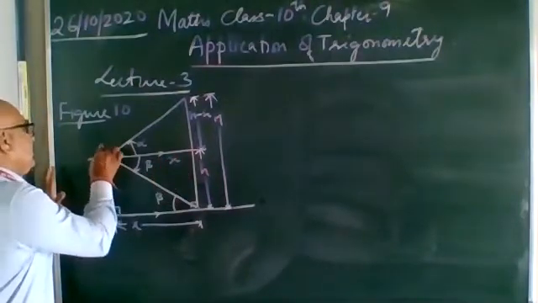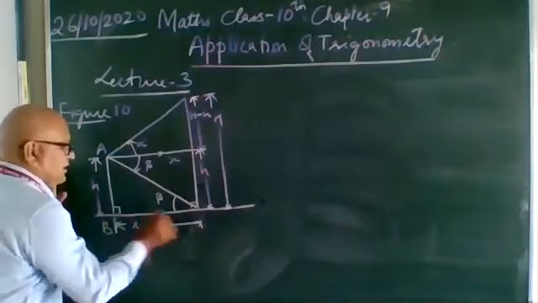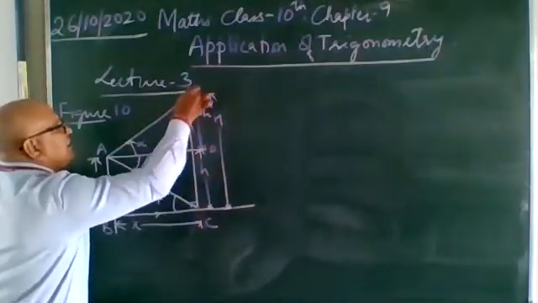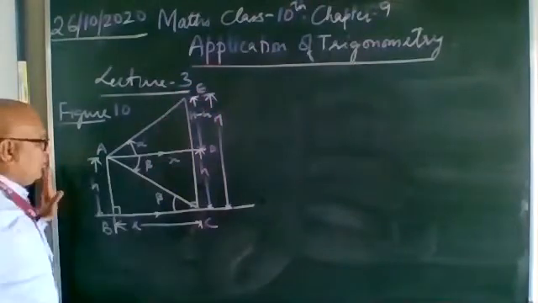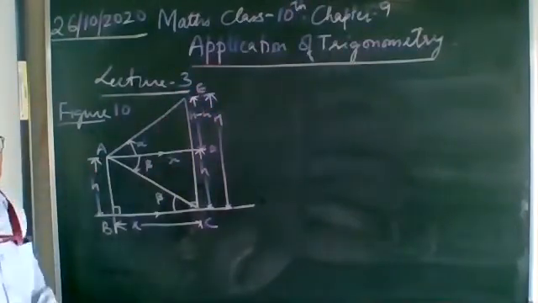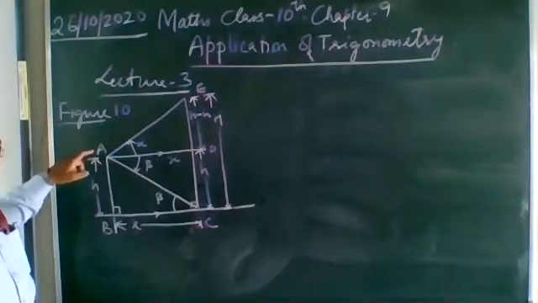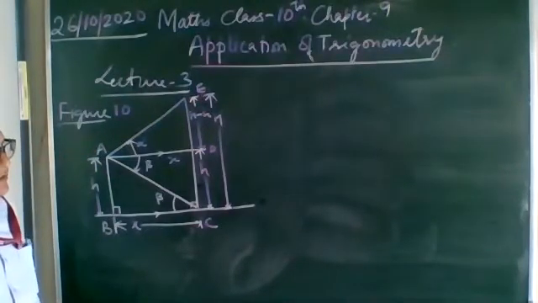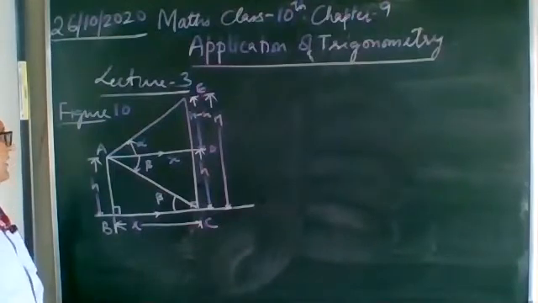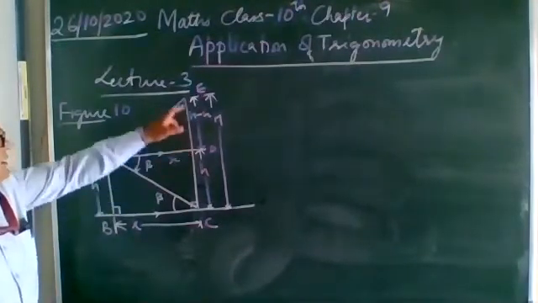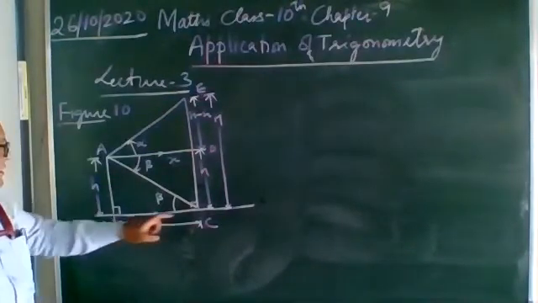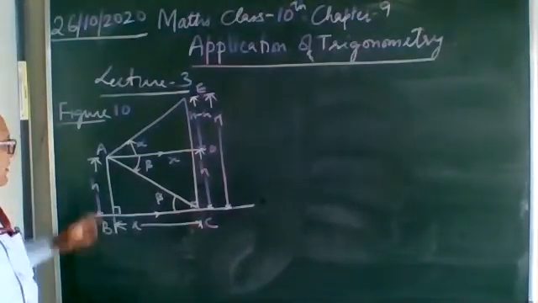So you can say that A, this is B, this is C, and this is D, and this is E. So we have 3 triangles here. First, right angle triangle, 3 right angle triangle is there. But to solve the question, what is needed? 2 right angle triangle. A, D, E. This is one right angle triangle. A, B, C. Another right angle triangle.